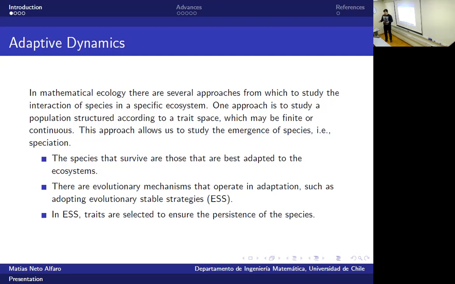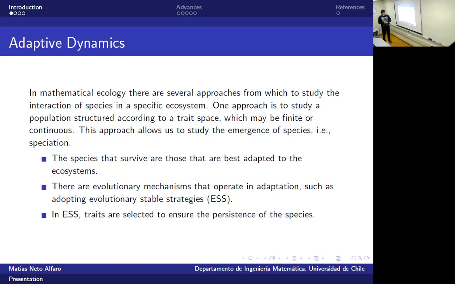A trait space is like a characteristic space of the species. For example, the length of the legs, the number of eyes, the amount of carbon that some species consumes in the metabolic network. So it can allow a lot of cases in ecology. This approach of adaptive dynamics allows us to study the emergence of species, that is, a speciation process.